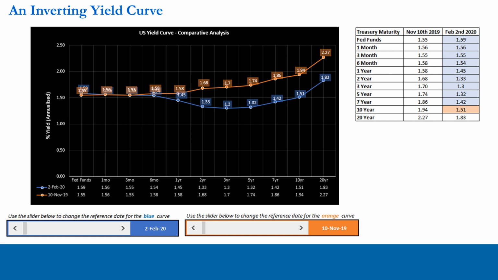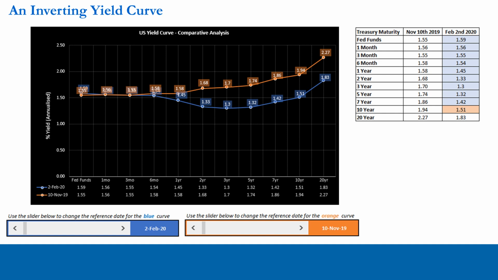Now, in terms of market benchmarks and reliability of using the yield curve as an indicator, or even better, as a leading indicator to economic expansion and contraction, the market gravitates to and uses the 10s minus 2s spread.